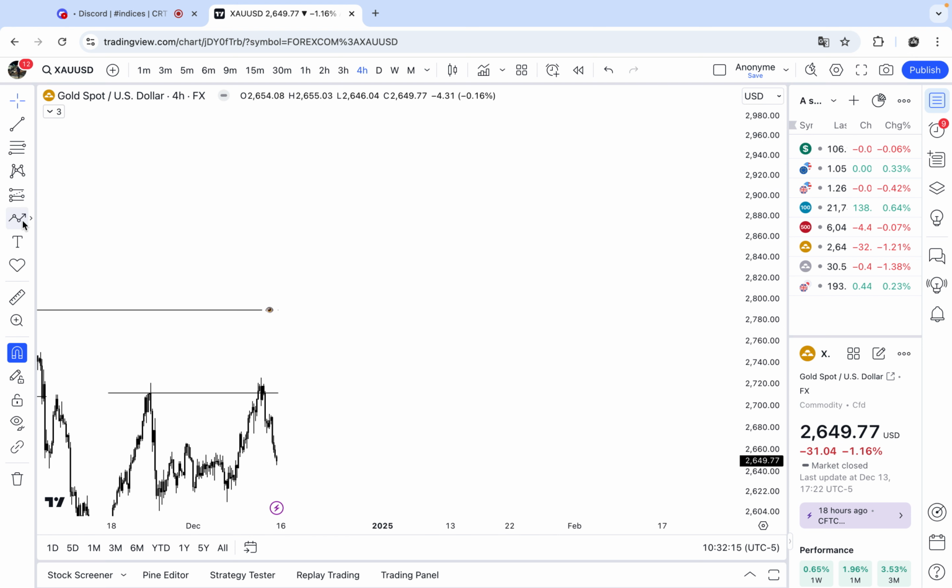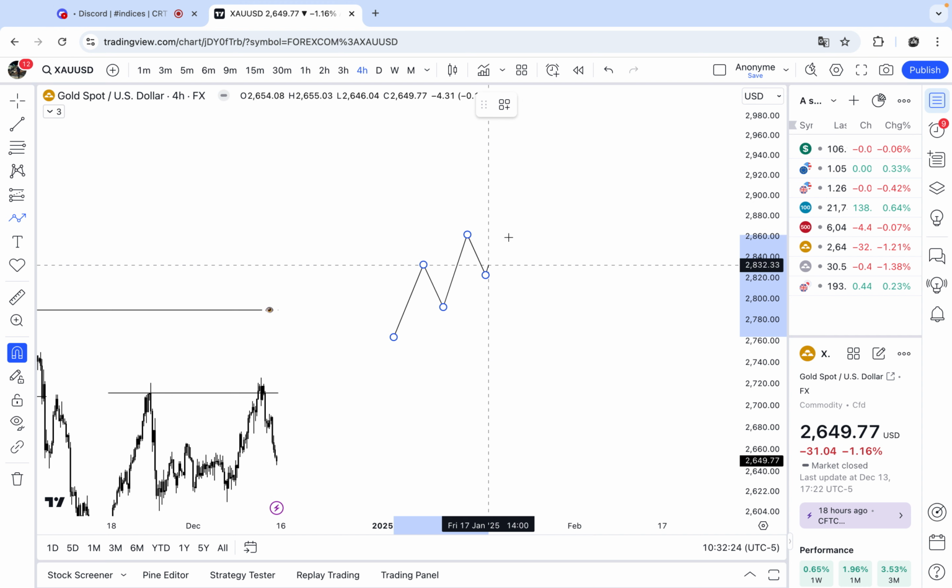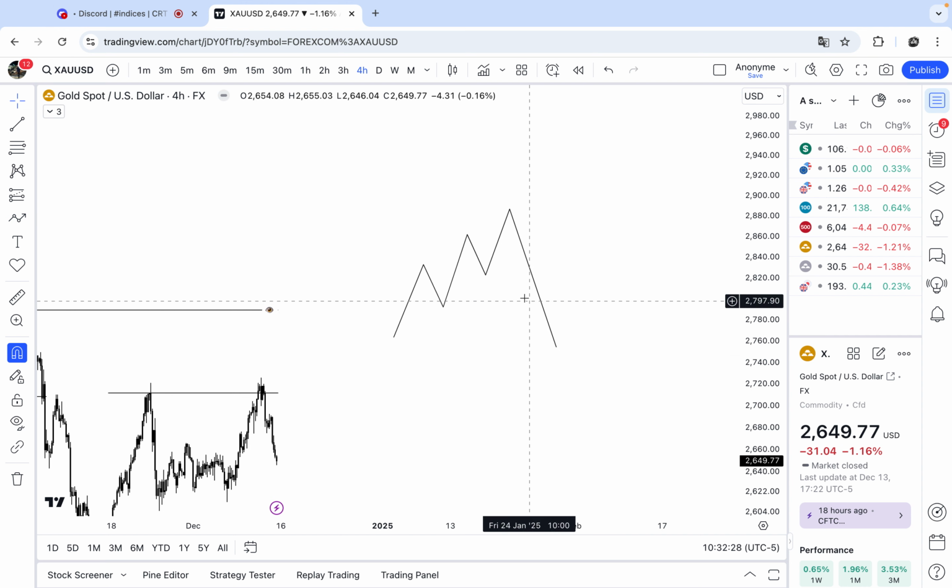And this is another cheat code for you guys. So, for example, we have a bullish structure and then boom, market structure shift, right?